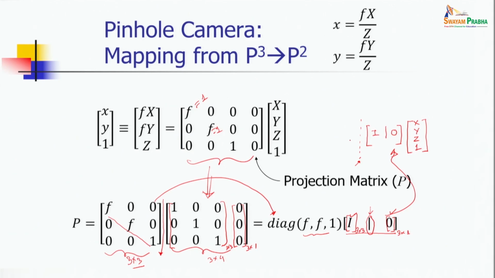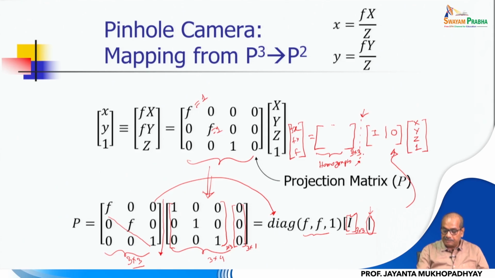Further, this coordinate is again transformed by a 3 cross 3 matrix, which you can also consider as a transformation of a 2D projective space to another 2D projective space, because you are getting the respective point, say fx, fy, f, as an element of another 2D projective space. So, it is a transformation from one 2D projective space, the canonical image space, to the transformed image space or observed image space in the homogeneous coordinate representation.